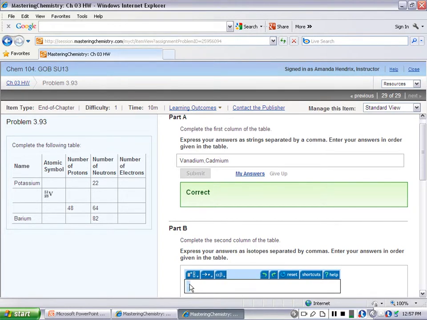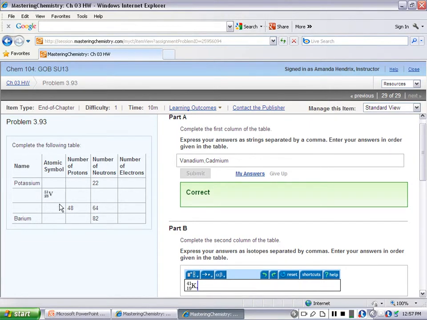We had 41, our mass number, and 19 as the atomic number. If we click outside of this, now our superscript and subscript is no longer highlighted, and we place our symbol and a comma to separate from our next answer.